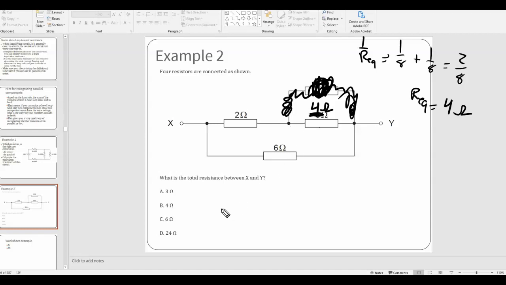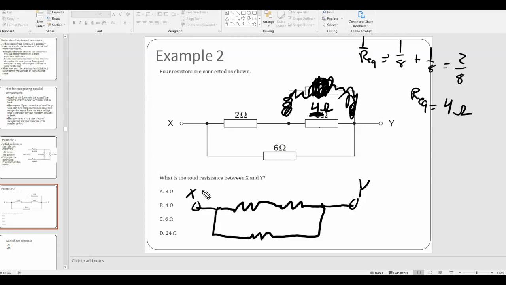All right, because basically what I have, just to draw this another way, this is basically what I simplified down to. This is Y, and then this is X. Okay, so that's 2 ohms, that's 4 ohms, that's 6 ohms.